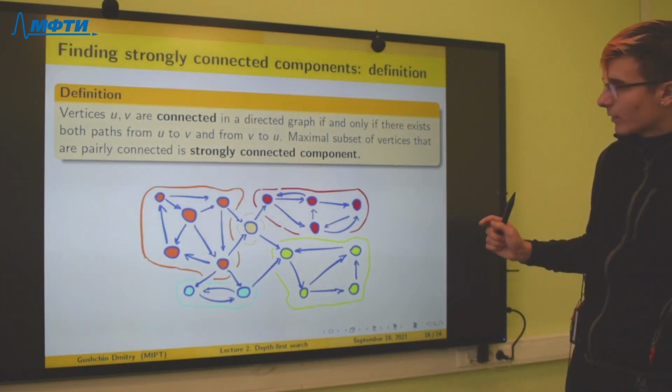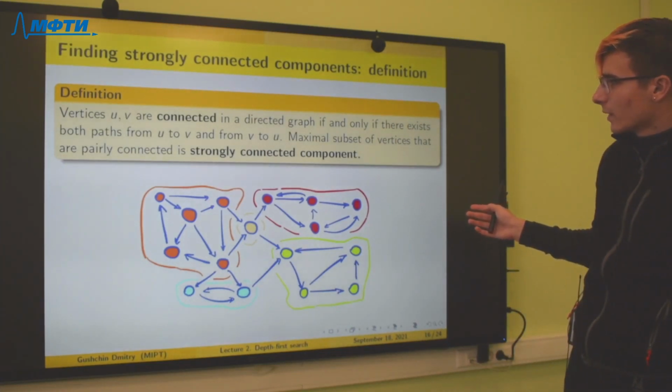Okay, that's the definition of a strongly connected component.